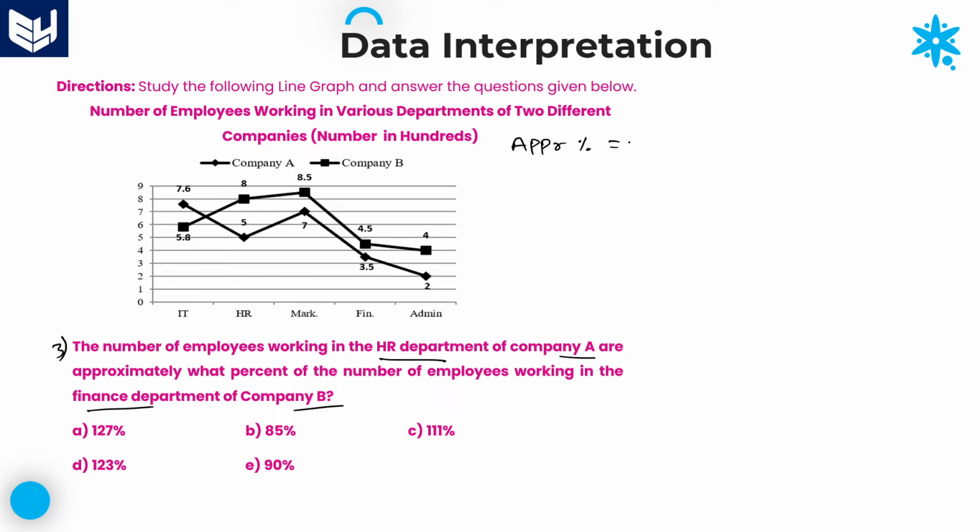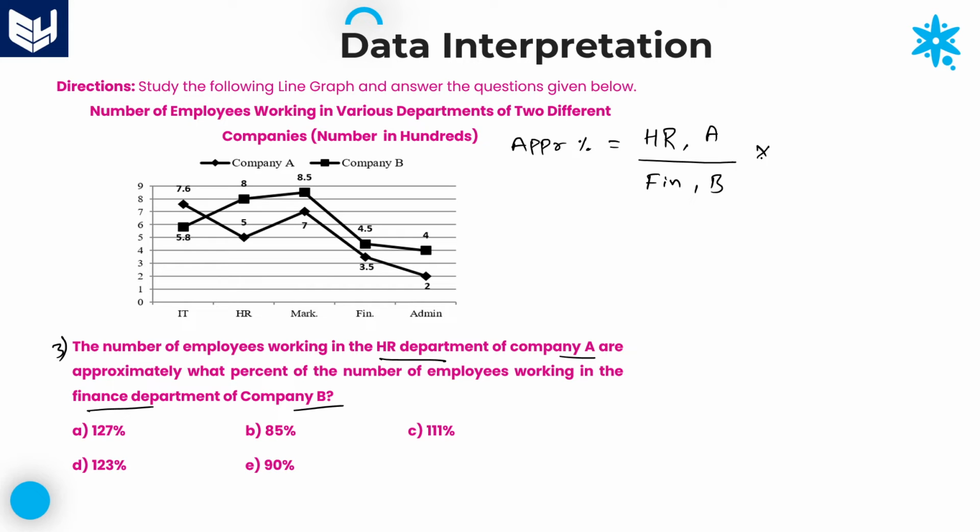Approximate percentage is equal to the number of employees working in the HR department of company A, this particular value, what percent of the number of employees working in the finance department of company B.